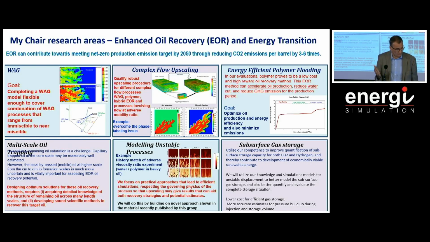There are issues around multi-scale trapping of oil. We have in our heads a picture of a relative permeability function with a certain residual oil saturation. The actual amount of oil that's left behind in the system is scale dependent, and it's dependent on the balance between viscous and capillary forces.